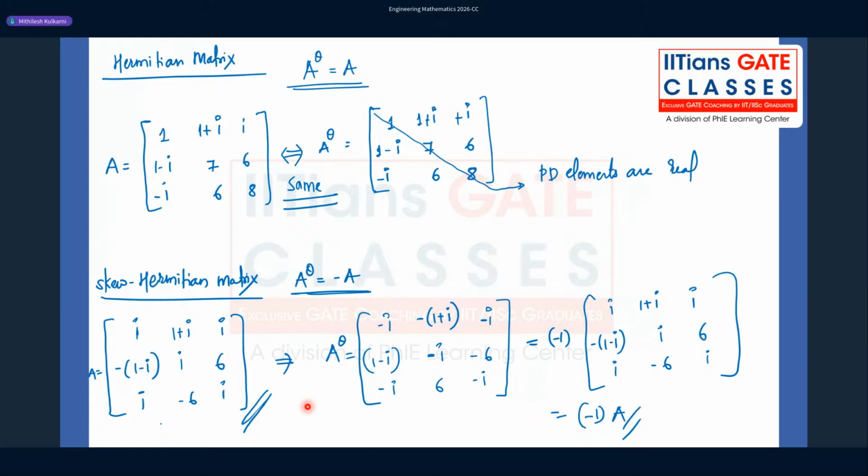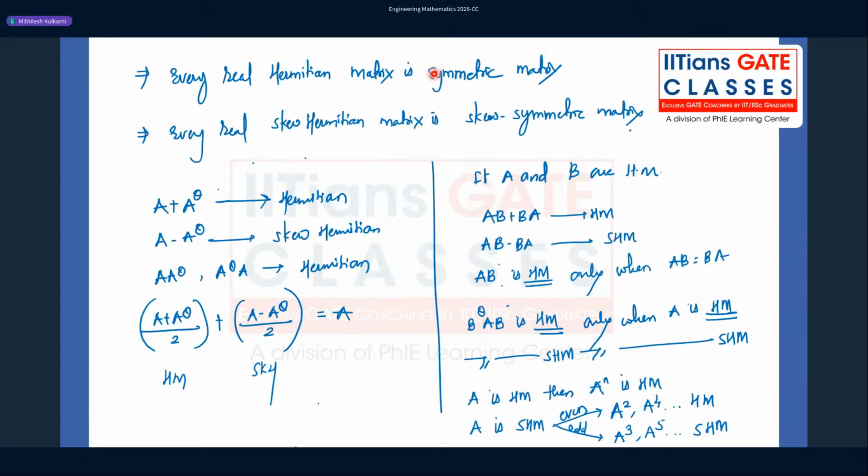So now, if I consider a matrix in which only real numbers are there, then taking conjugate will not make any sense, right? Because after taking conjugate, you will end up with the same matrix since there is no complex number in the matrix, so conjugate will not have any impact. And that's why every real Hermitian matrix is a symmetric matrix.